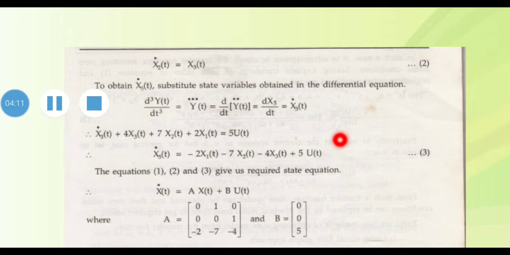Due to this, x3 dot(t) = -2 x1(t) - 7 x2(t) - 4 x3(t) + 5 u(t).